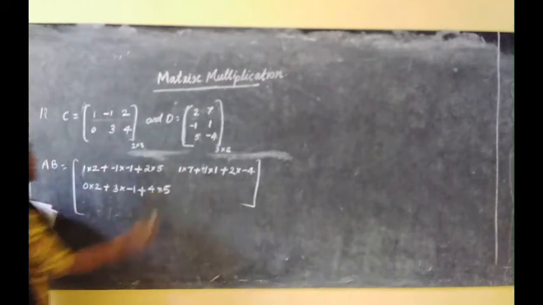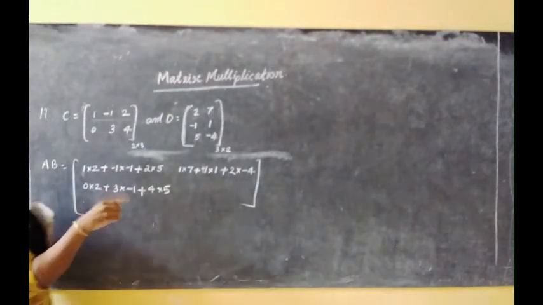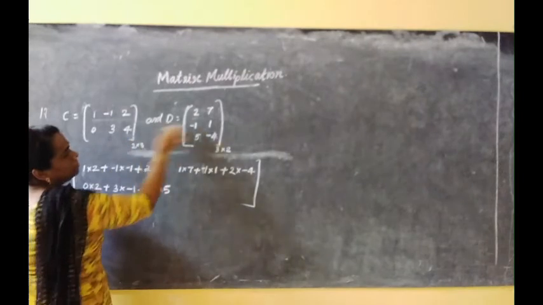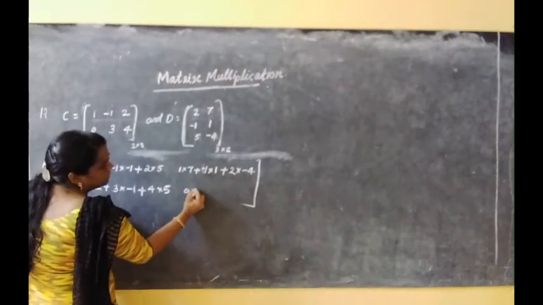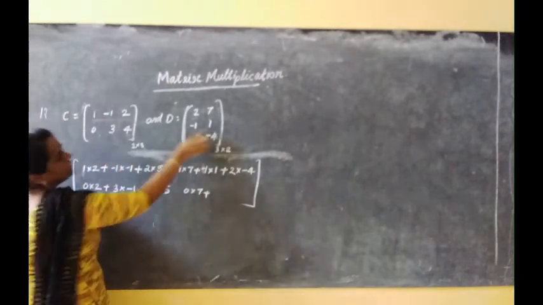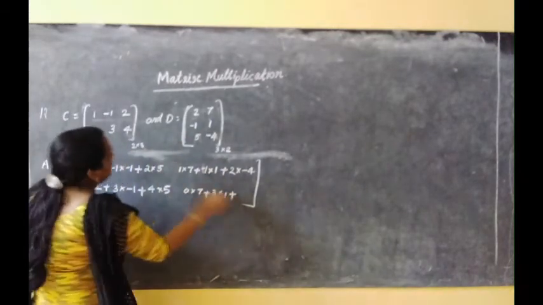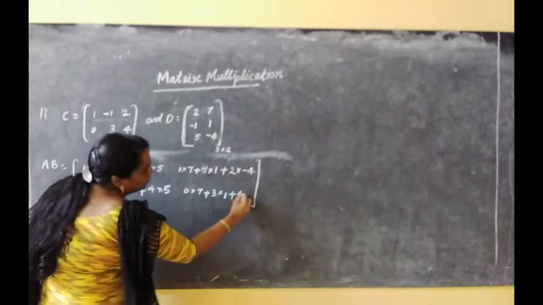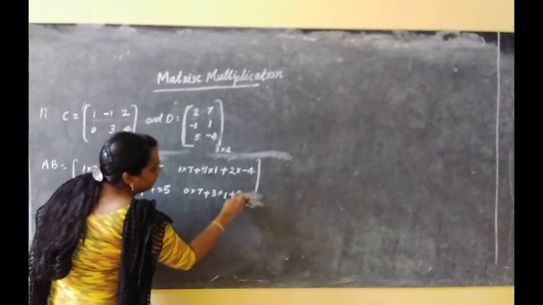We get the element in the second row, first element. Second row, second element: that second row should be multiplied by second column. 0 into 7 plus 3 into 1 plus next step 4 into minus 4.